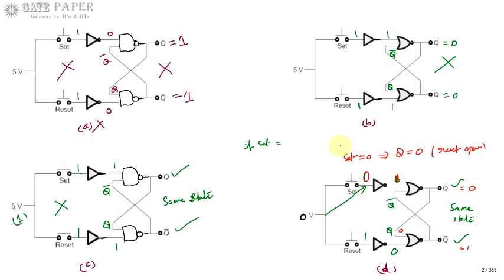Okay, if reset is equal to 0, let us assume now you pressed reset. If reset is pressed, then this 0 volts is going to be connected to input of this inverter for a minute duration.